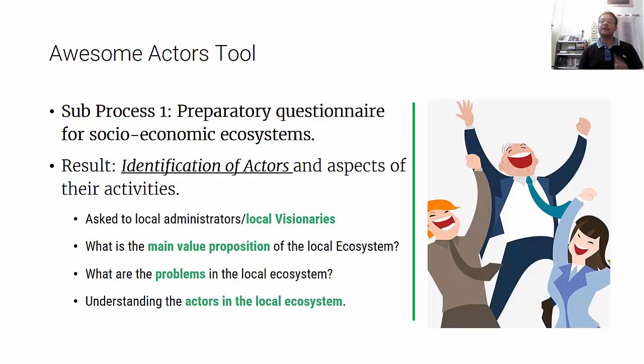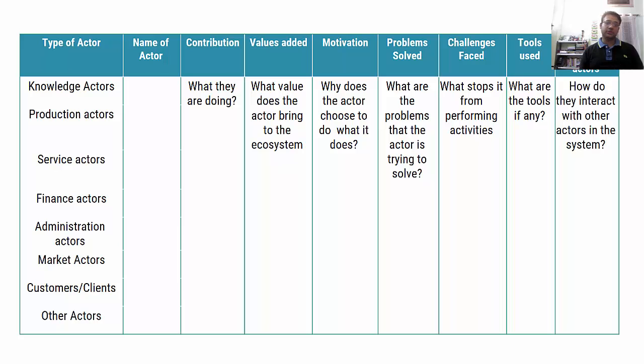Along with that, it could answer a question about what is the main value proposition of the ecosystem, what are the problems and the actors in the local ecosystem. This is what the tool looks like. We have different types of actors listed, and we could name the actors, the contribution they make, the values they add to the ecosystem, their motivations, problems that they solve, and so on and so forth.